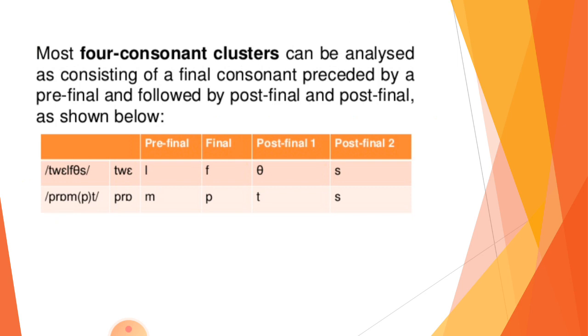Most four-consonant clusters can be analyzed as consisting of a final consonant preceded by a pre-final and followed by a post-final and another post-final, as shown below. In this also two post-finals are there: pre-final plus final plus post-final 1 and post-final 2.